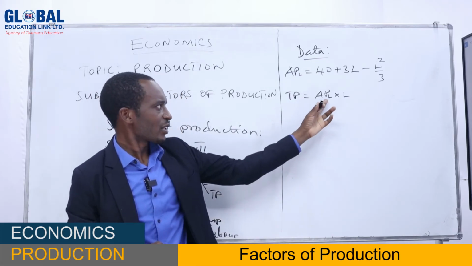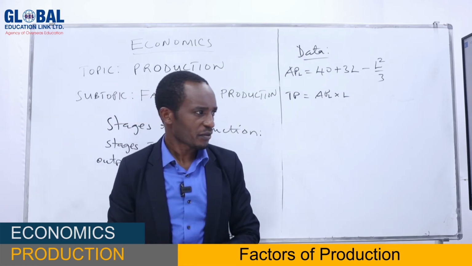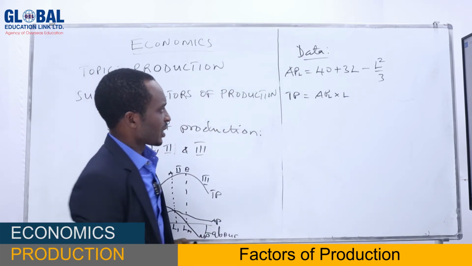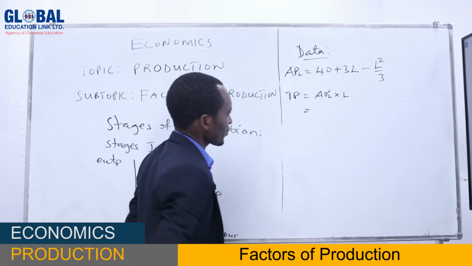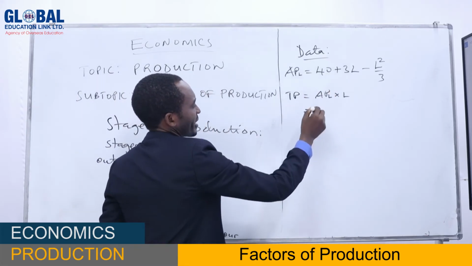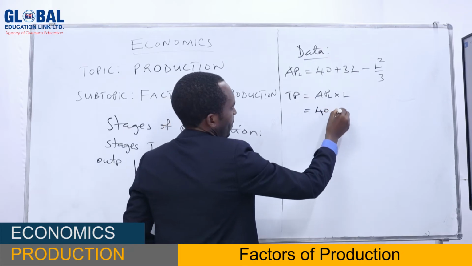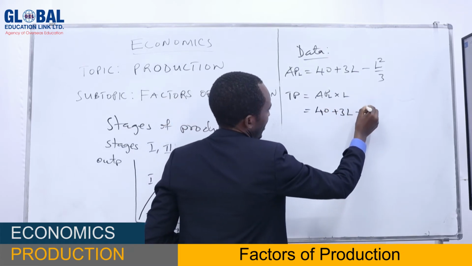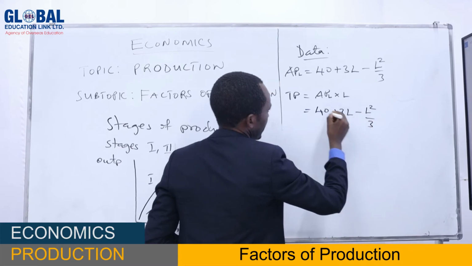It means the average product is the output per unit of labor, as we know. So here the average product we are given is 40 plus 3L minus L square over 3.